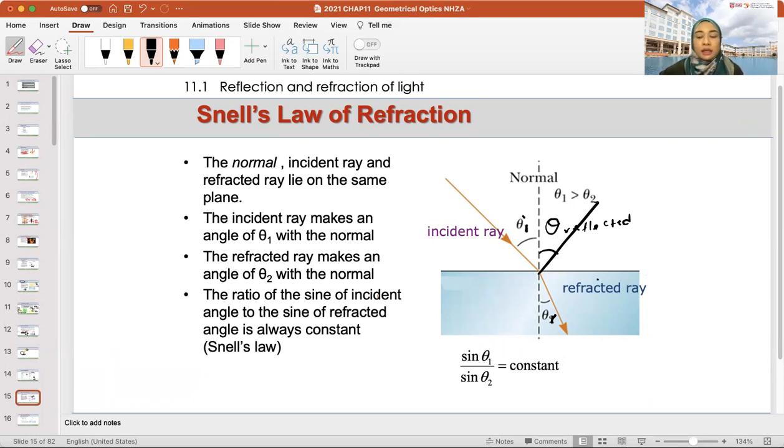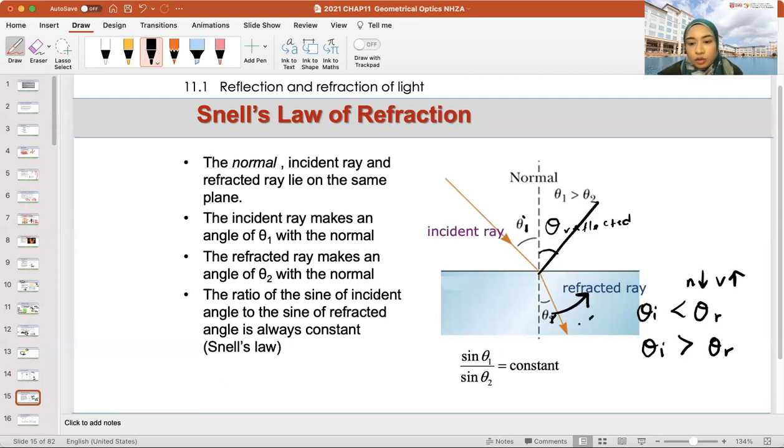Refracted angle can either be greater than the incident angle, or it can be less. When it is greater, you know that it is traveling away from the normal, which means that it has high speed or low index of refraction.